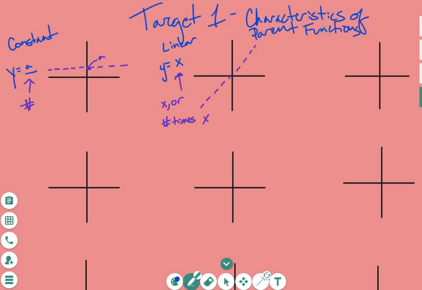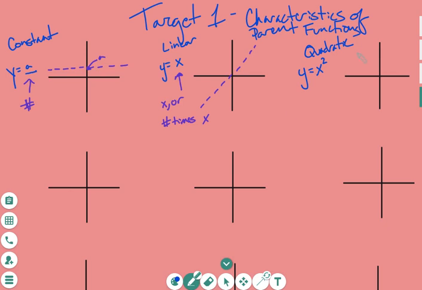Third on our lineup would be quadratic. So quadratic equations are a little bit different than linear in that they have an exponent. You will always see some sort of multiplication between x's in order to make this happen.